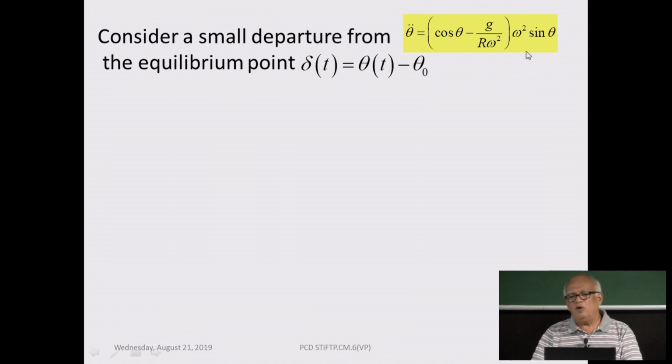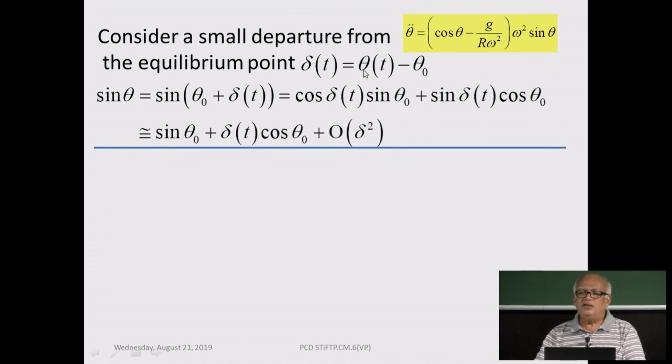So, let us ask what happens to this condition that you get from Lagrange's equation for the neighboring point, and of course you need the sine of the angle, you also need the cosine of the angle. So, you determine the sine of the angle at this neighboring point and you get a term which is quadratic in delta, which you can ignore to first order, right.